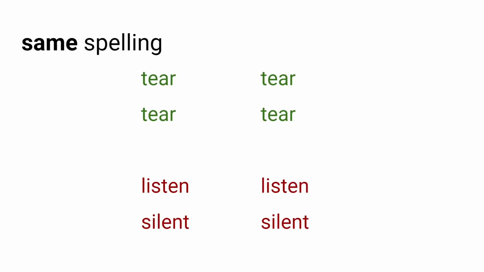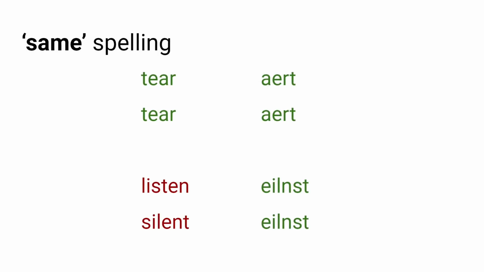But what if I relaxed what I meant by same? What if, instead of saying that two words have the same spelling if they have the same letters in the same order, I instead only required that they have the same letters, regardless of the order? In that case, the picture looks more like this. All of a sudden, listen and silent are the same.